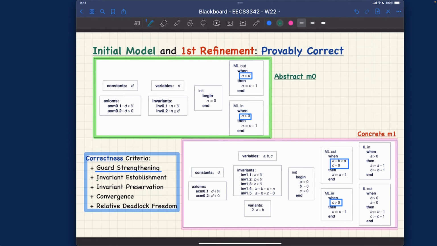What about invariance establishment? That's about the init events, which is this part over here. It should establish all the concrete invariants over here. What about invariant preservation? Invariant preservation is about the concrete events, including the old and new events, preserving the concrete invariant.